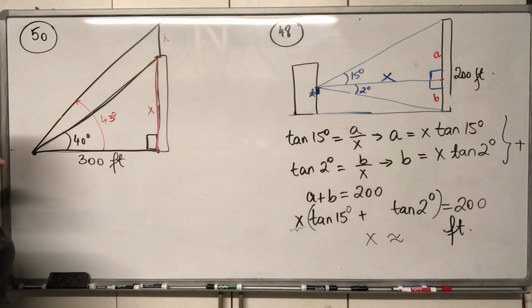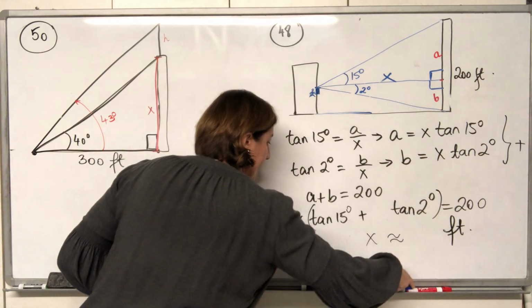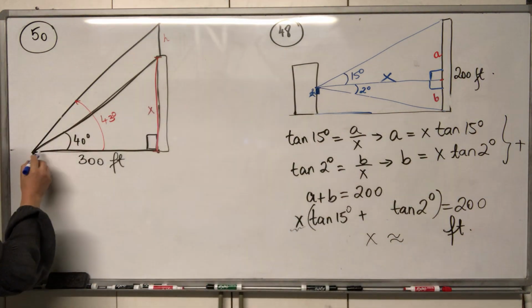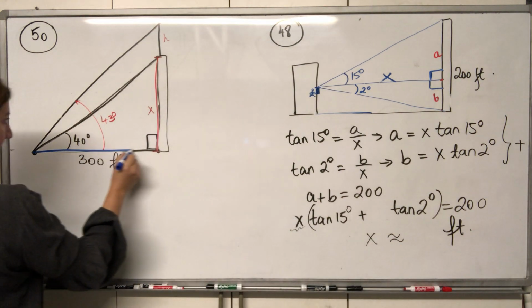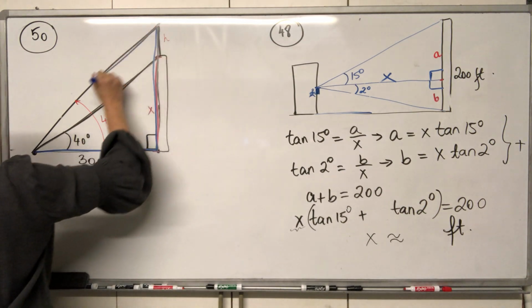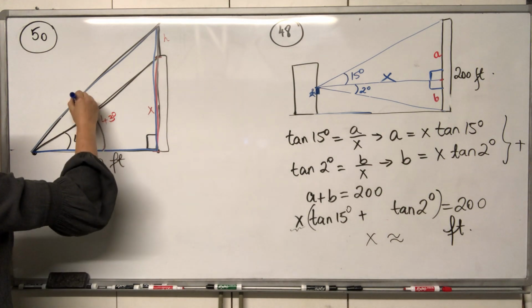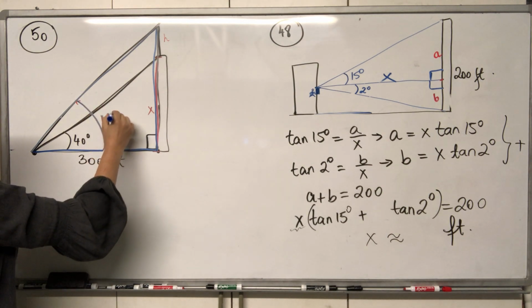Okay, do we have a second right triangle? Sure enough, I use the blue. What's my second right triangle? From here, down, all the way up, and here. And what do I know in this blue triangle? I know this angle is 43 degrees.